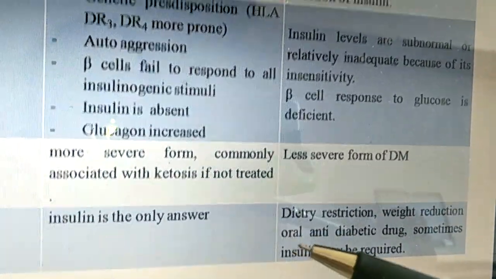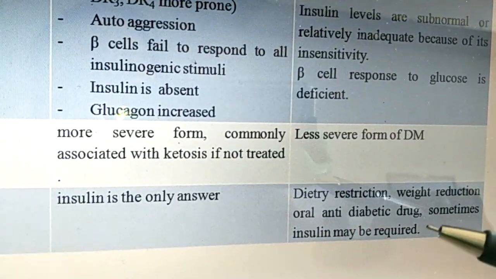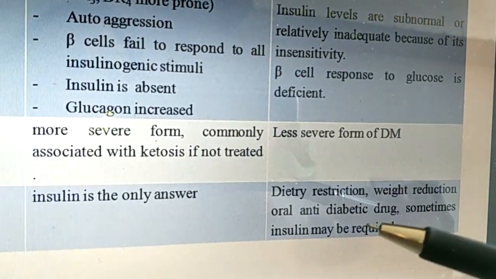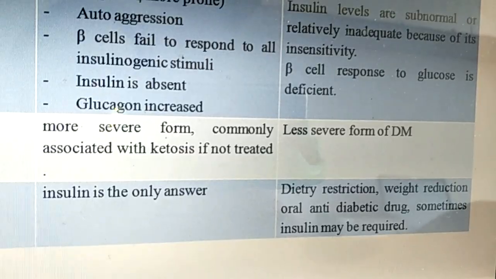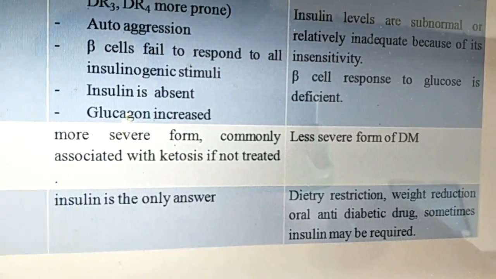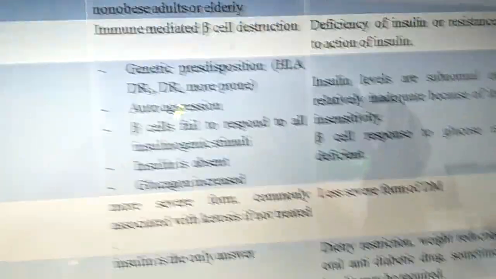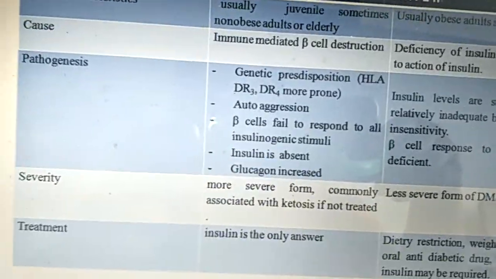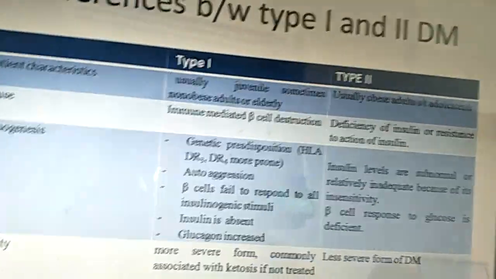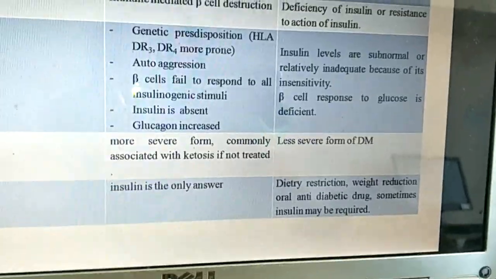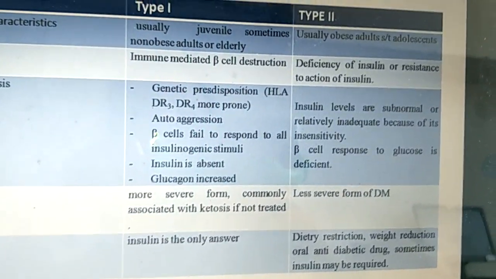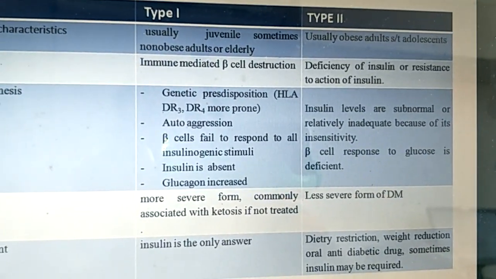But in type 2, we try to give oral anti-diabetic drugs. If the patient is not improving, if the response is not appropriate, then insulin may be required. So type 1 and type 2 differ in their pathogenesis, in their severity, in the patient characteristics. You will be reading these things in greater detail with your medicine in the next prof.